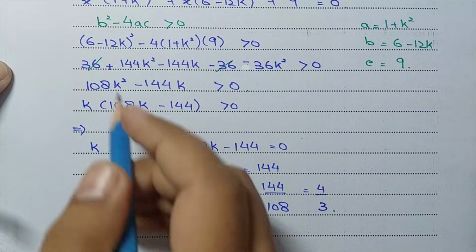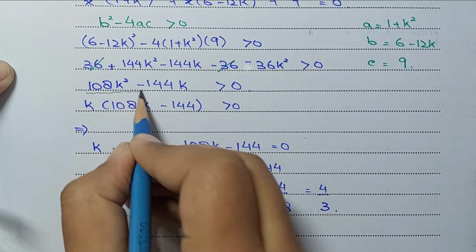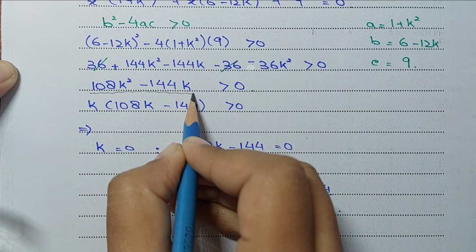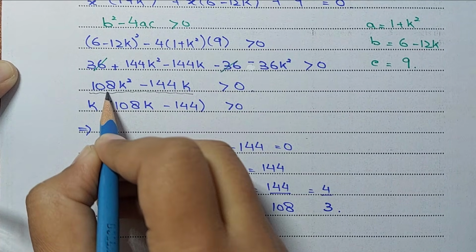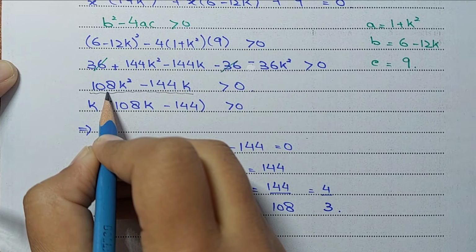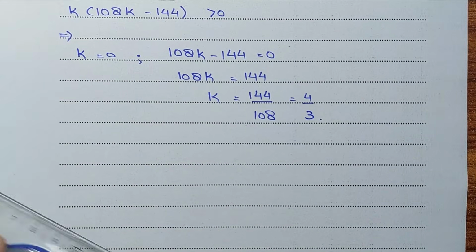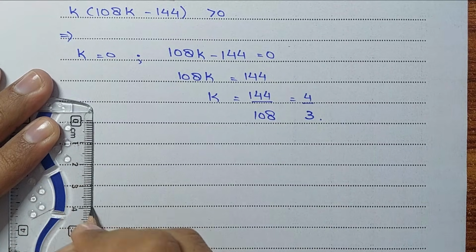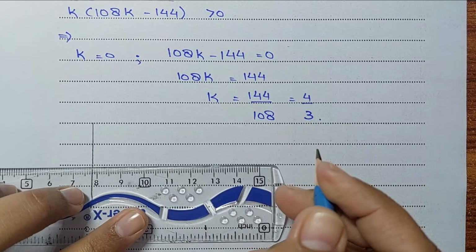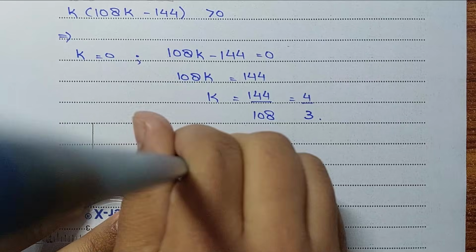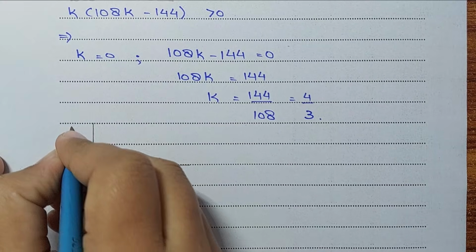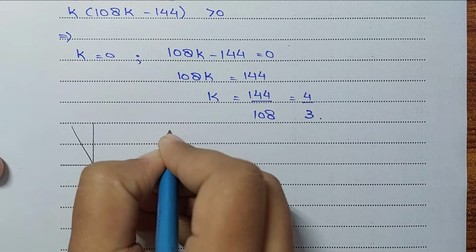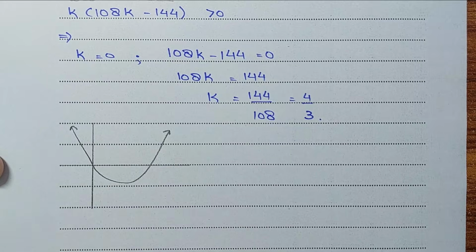Okay, so now here we consider this a quadratic equation in the variable k, and its leading coefficient is positive, so the opening of the parabola is upward. Let me draw the parabola here. If I draw this parabola, its opening is upward, right?